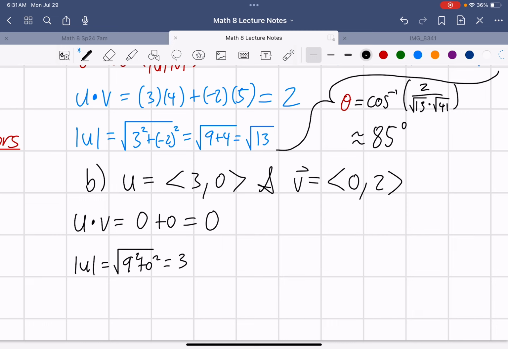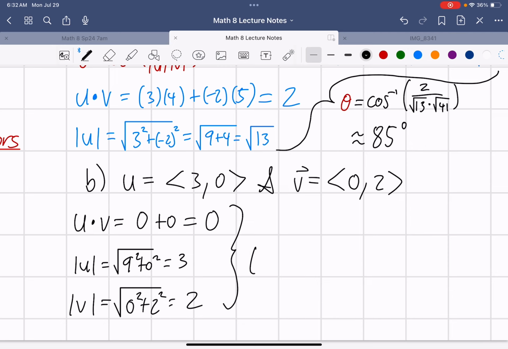It's going to give us 3. Magnitude of v is the square root of 0 squared plus 2 squared, and that's going to leave me with 2, because it'll be the square root of 4, and the square root of 4 is 2.